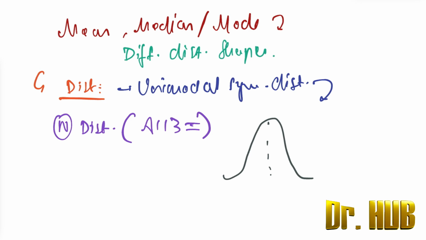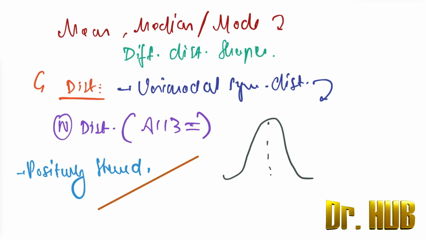Next, how is a positively skewed distribution presented? In a positively skewed distribution, the longer tail is towards the positive direction. What do we mean by that? The graph moves like this: it peaks earlier and then it subsides.